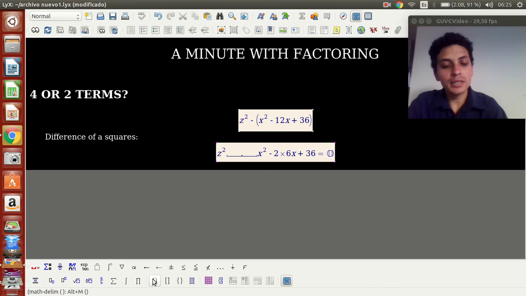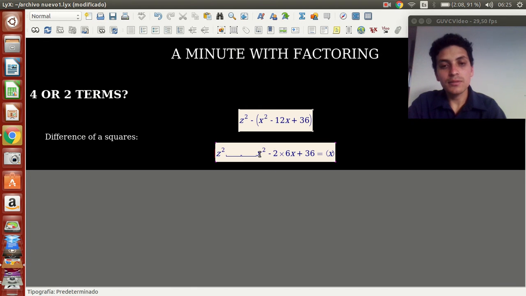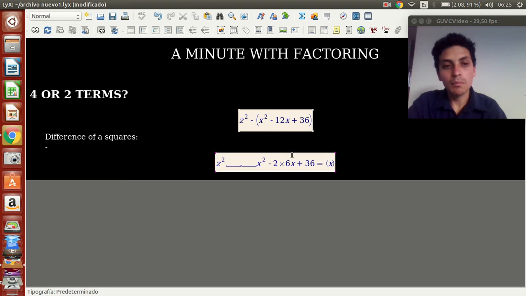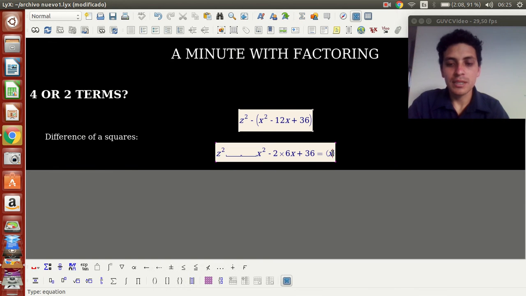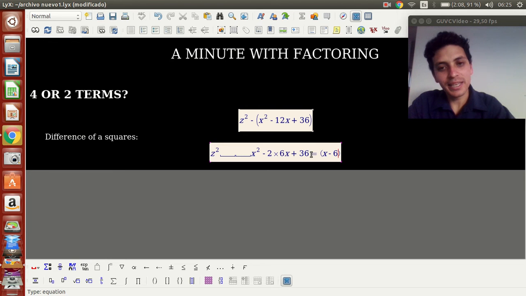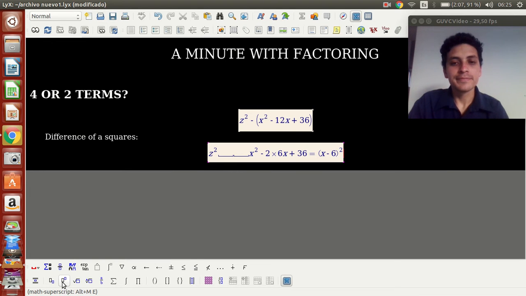You just have to write it: x, the first square, minus, oh, excuse me, mistakes happen, minus 6, to the second power. So we have 2 squares, z to the second power and x minus 6 to the second power. These are the roots, x minus 6 and z.